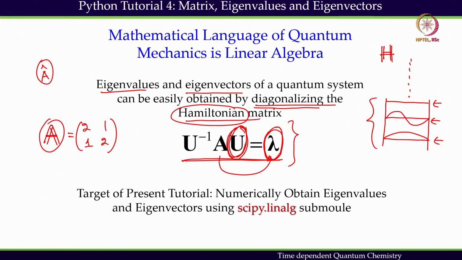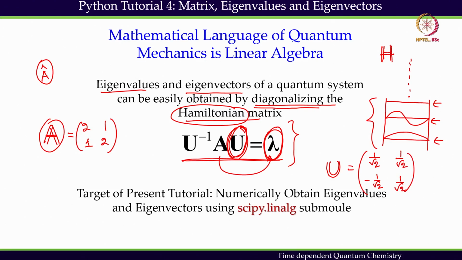In order to diagonalize this matrix, we actually got this unitary matrix U as 1 by square root 2, minus 1 by square root 2, 1 by square root 2, 1 by square root 2.